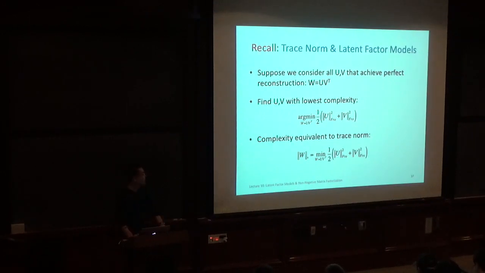Just as I pointed out earlier, there's a relationship between the trace norm and the sum of squared norms of U and V, where UV transpose is equal to the original matrix.